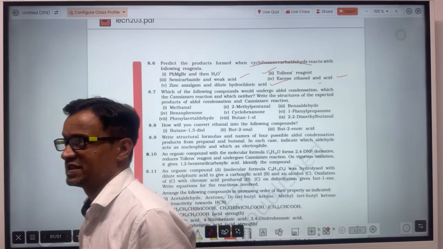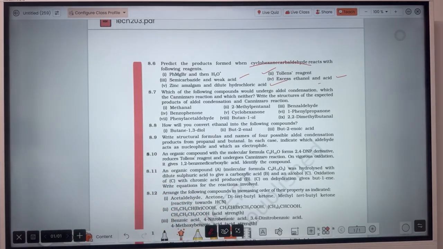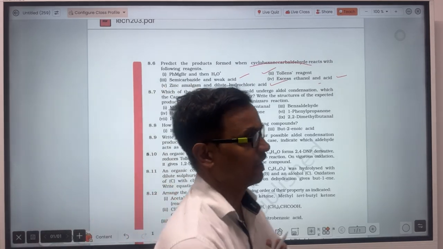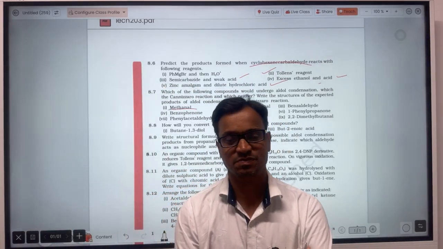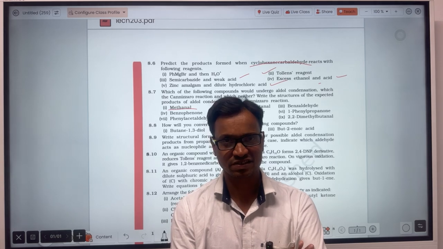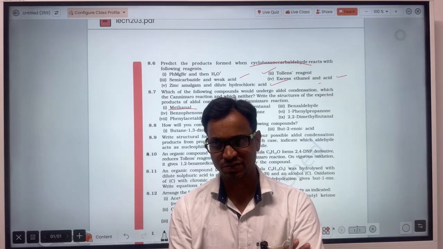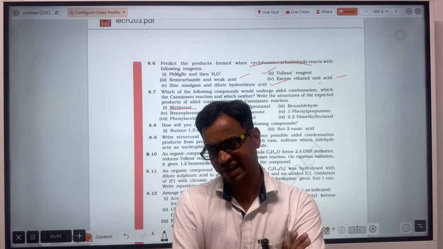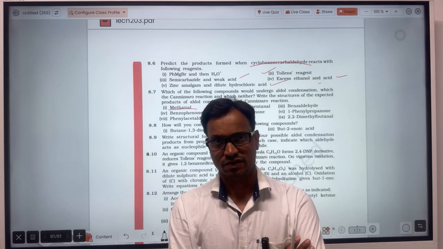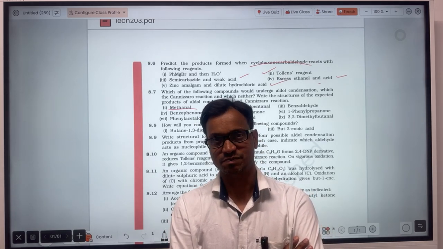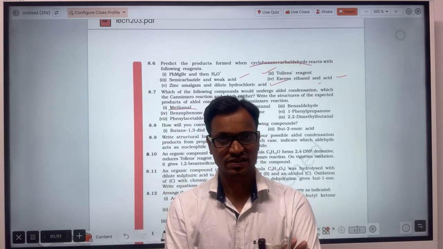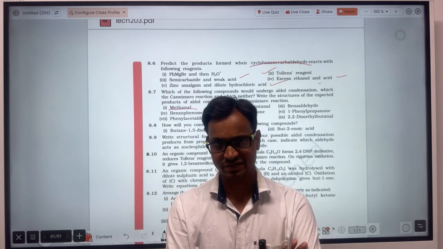Consider the reactions, which was the name reaction. Then after here, this one. So methanol, you will have to consider which compound will give the aldol condensation reaction and which compound will give the Cannizzaro reaction. You will have to draw the structure and see in which compound there is an alpha hydrogen atom and in which there is no alpha hydrogen atom.